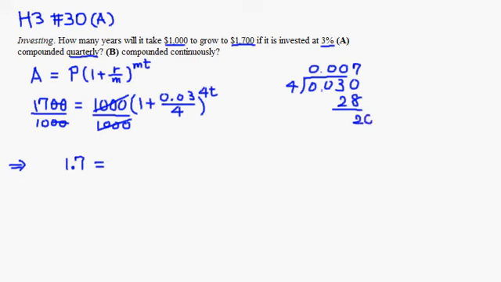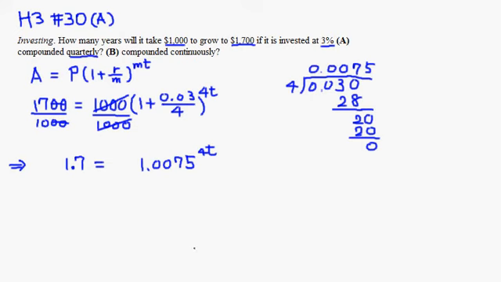Bring down 0. Then we can squeeze in 5 of those, so 4 times 5 is 20. So there's no remainder there. So it's 1 plus that, so it's going to be 1.0075 raised to the 4t.